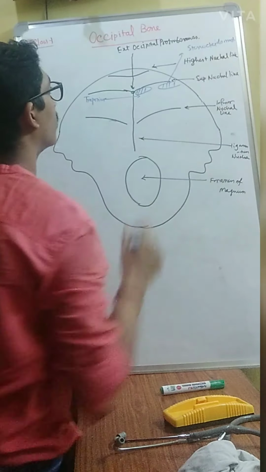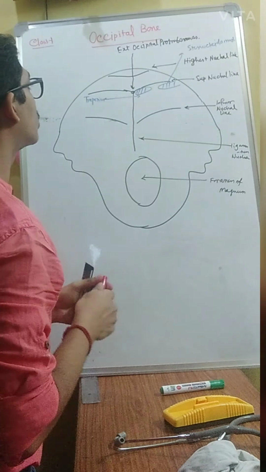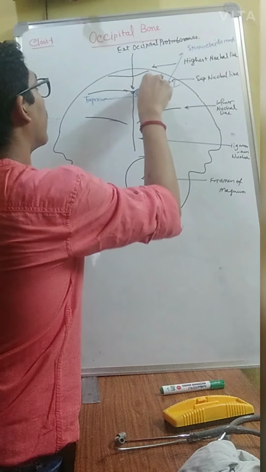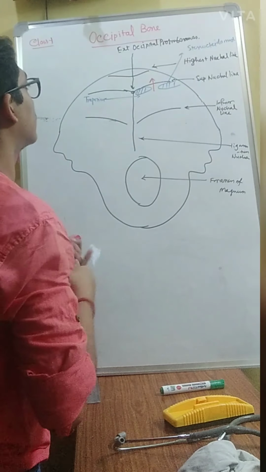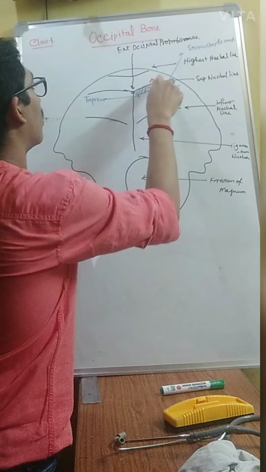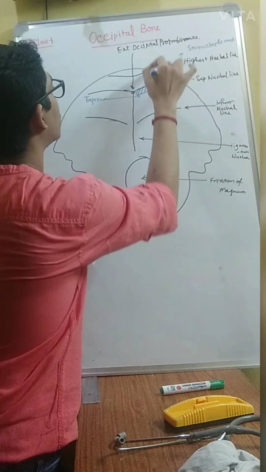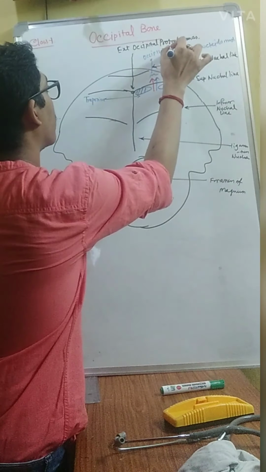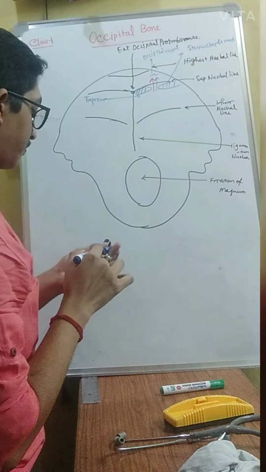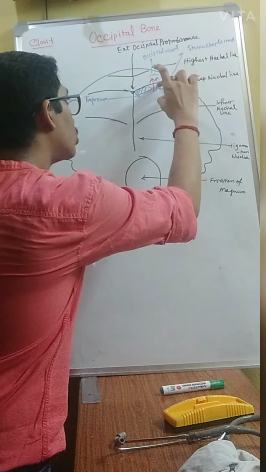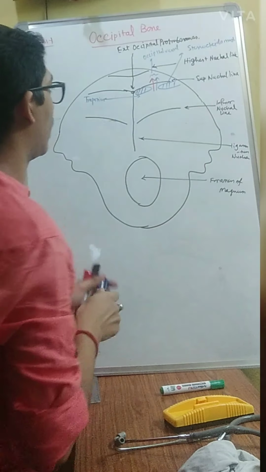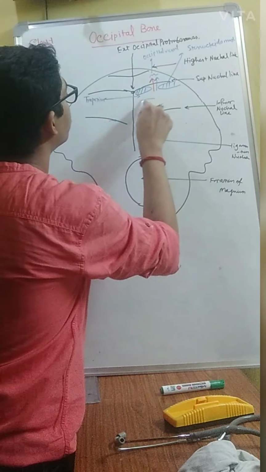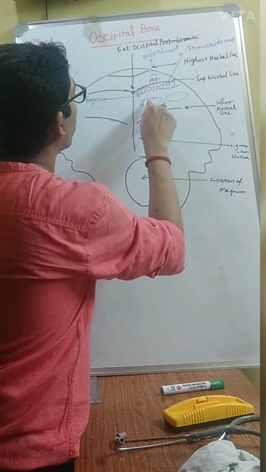In between these two muscles pass the occipital vessels.